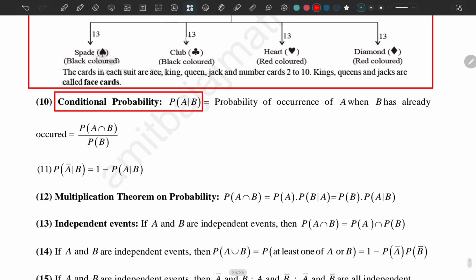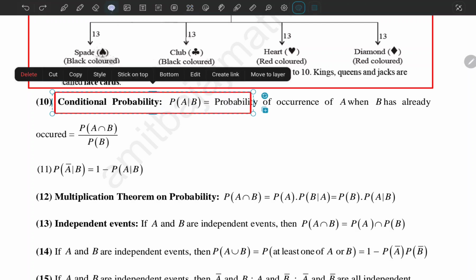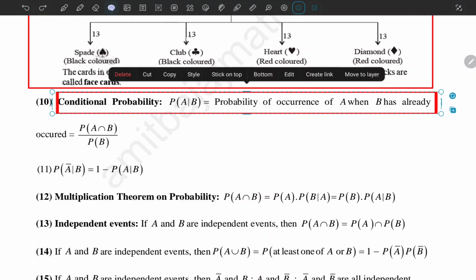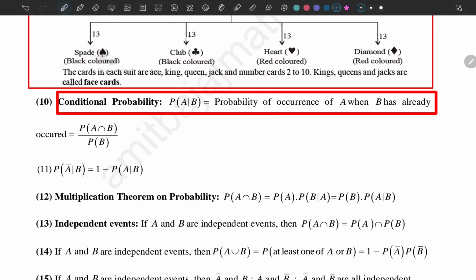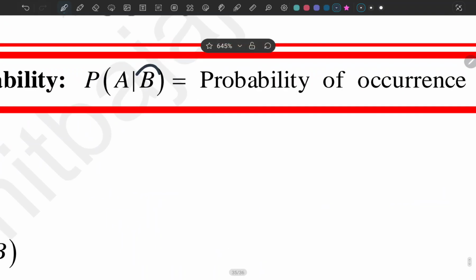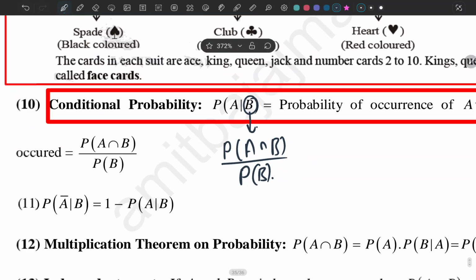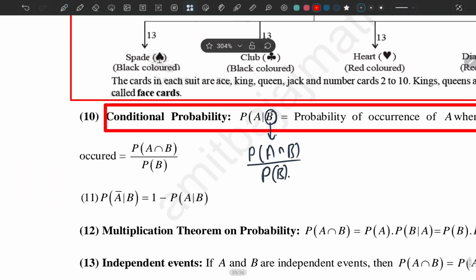Conditional probability is represented with P of A given B. That says the probability of occurrence of A when B has already occurred. Basically, whatever has occurred is written on this side. So this says P of A intersection B over the probability of the occurred part.